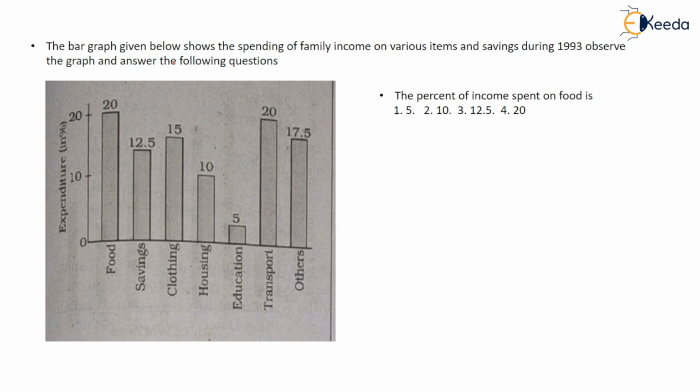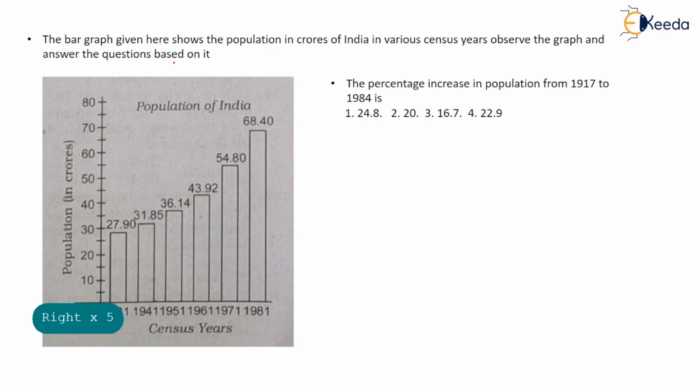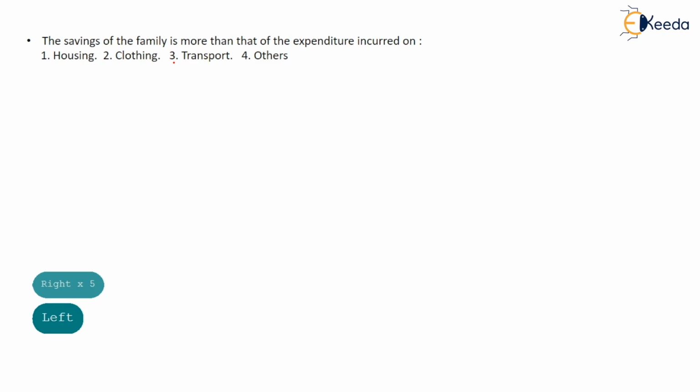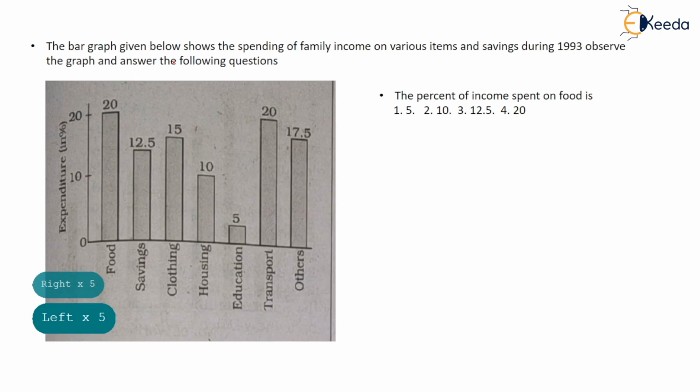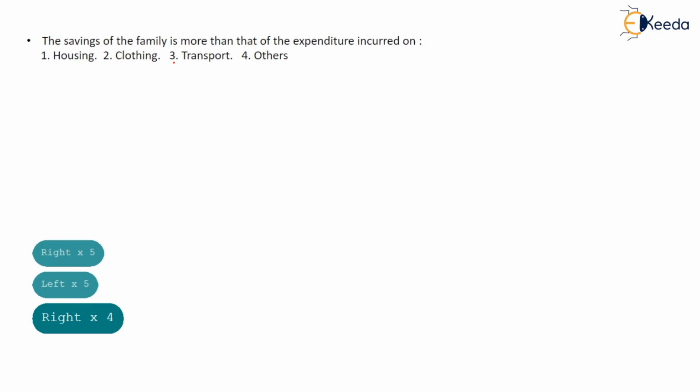So your answer should be housing. If you see, clothing is more than saving, right? Transportation is very less. So the saving of the family is more than that of expenditure on housing.